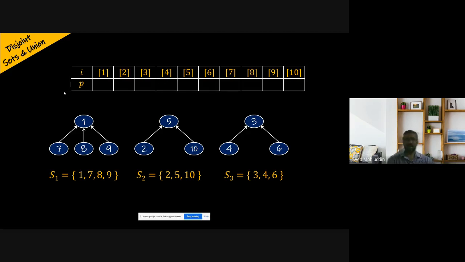I'm writing it as a row here to differentiate between its indices and the values in the P array. P array actually stands for parent. So we will be maintaining the parent of each node, so that we can construct a tree, or we know which element belongs to which tree and who is the parent of which node. So I is nothing but the indices. Now remember, the index is not starting from 0, it's starting from 1.